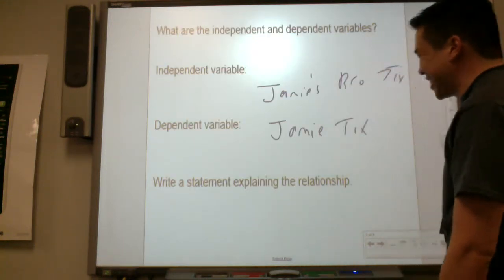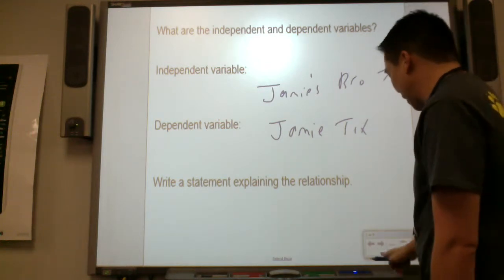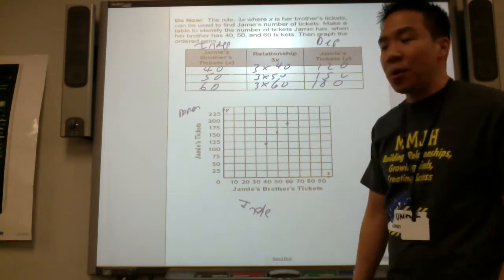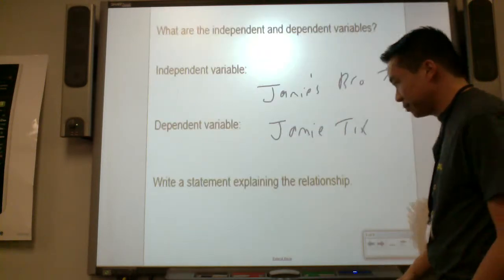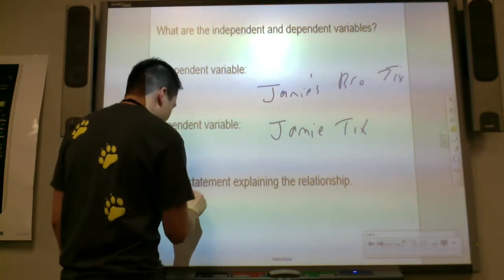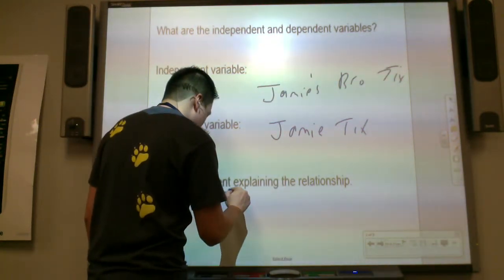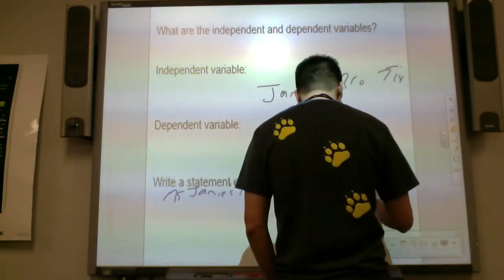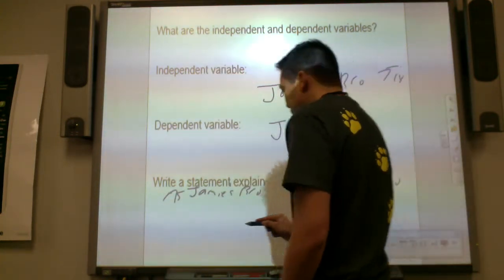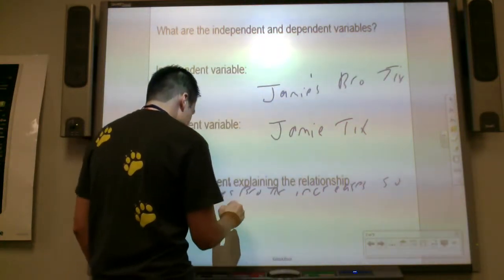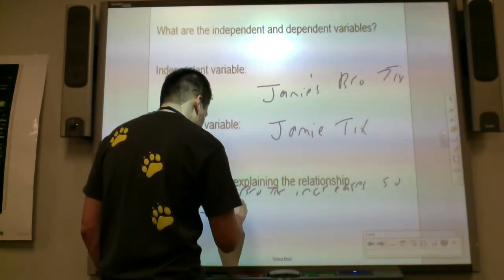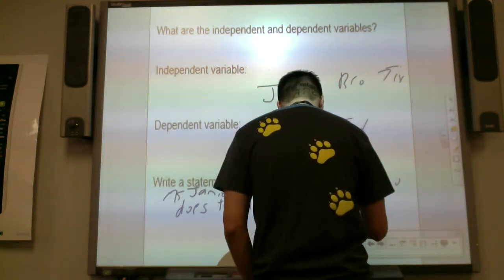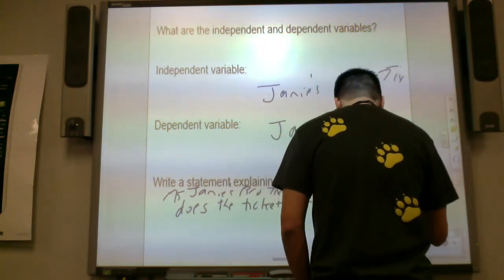So, can you write a statement explaining what's happening here? As you can tell from this, as Jamie's brother's tickets increase, so does the number of tickets for Jamie. Good for her. So I'm going to write that down. As Jamie's brother's tickets increase, so does the number of tickets for Jamie.